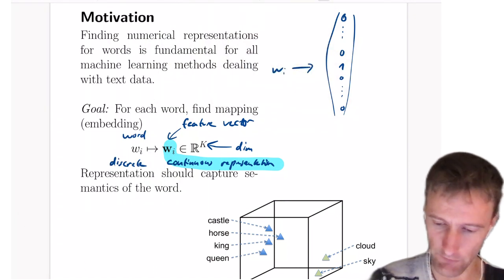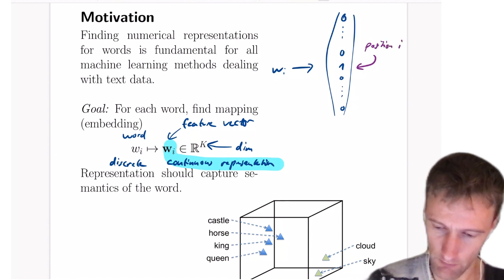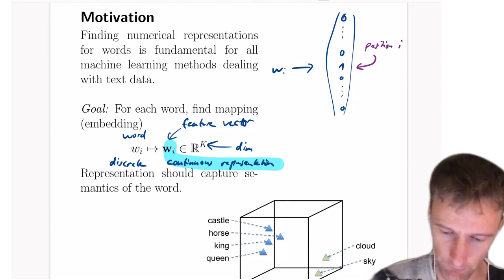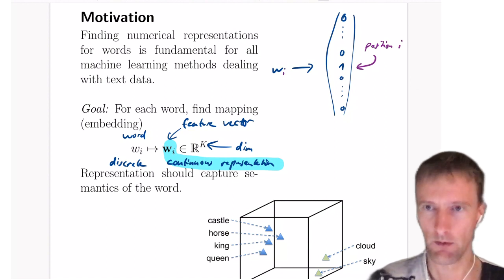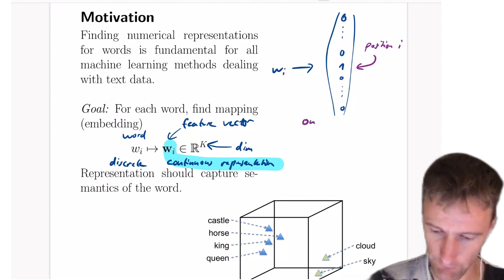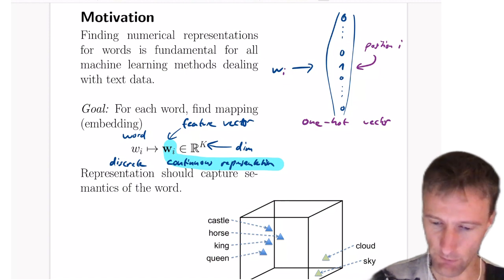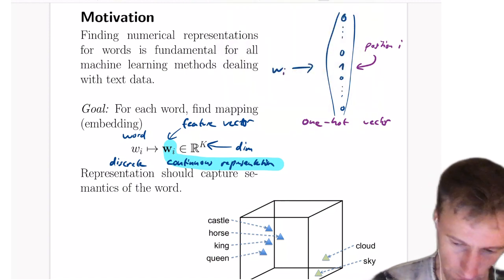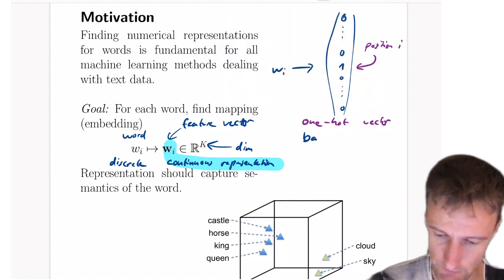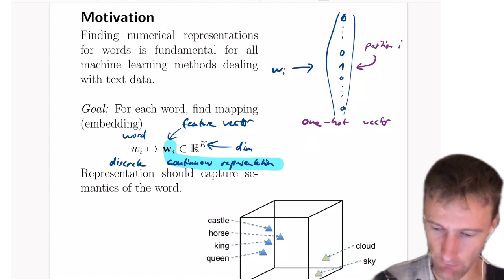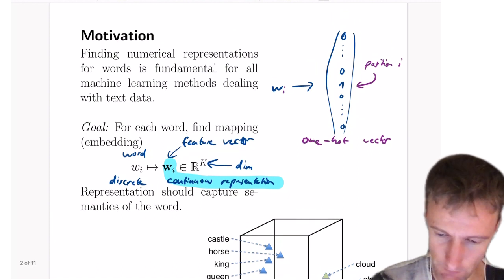That is called the one-hot representation, position i for word i. The other name for this representation is the bag of words representation.